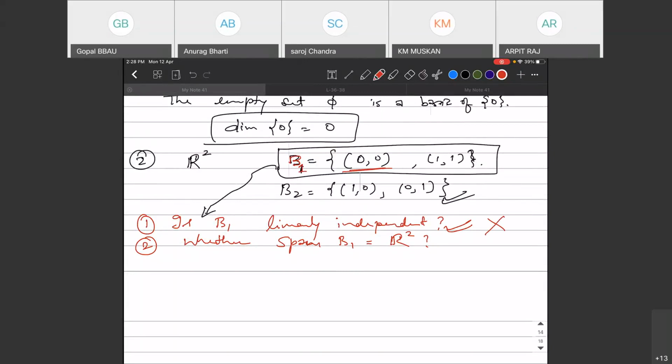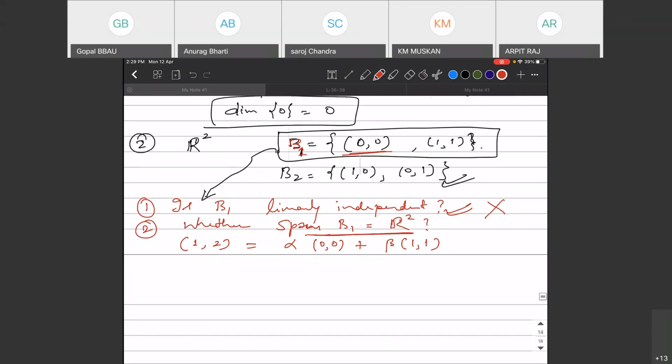Next, whether B1 spans R2. So let's take 1 comma 2. Whether we can write this as a linear combination of these two, means whether there exist alpha and beta in real numbers such that 1 comma 2 is alpha times 0 comma 0 plus beta times 1 comma 1. This means 1 comma 2 equals beta comma beta.